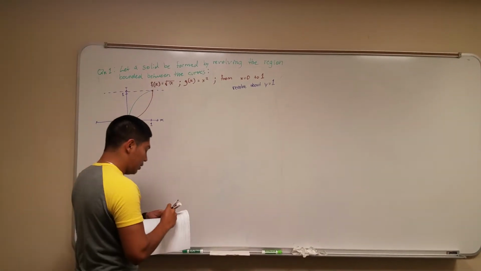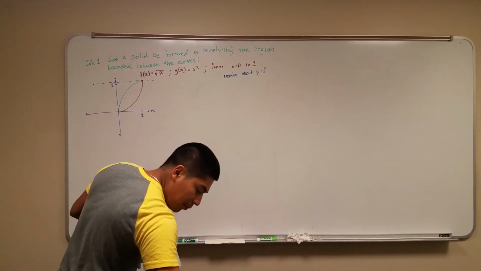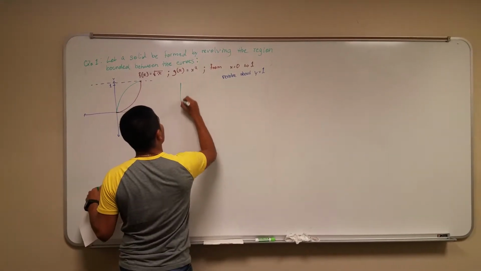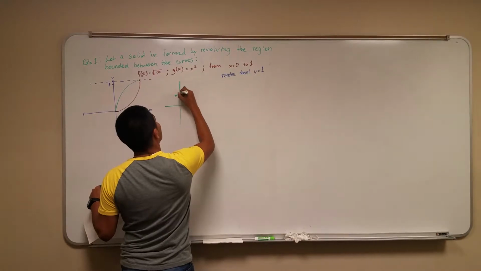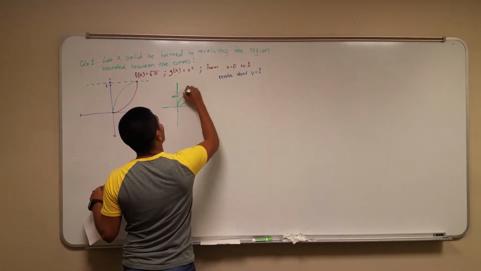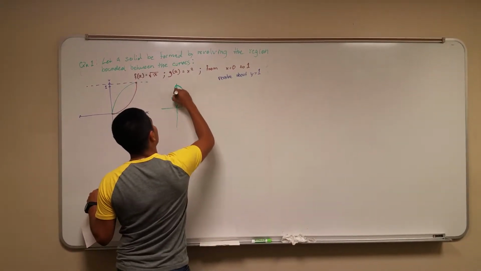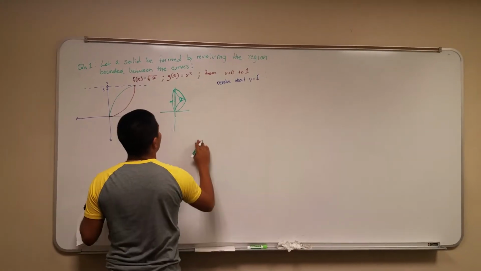So we have to make another graph to show that, which will be something like that, and then we can do our revolution right here, like that.